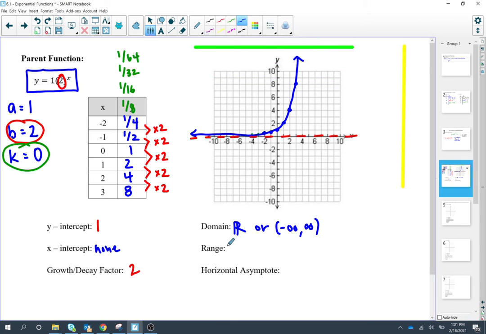So that means that y is greater than 0, or you can write that as a parenthesis 0 to infinity with another parenthesis. And then last but not least, our horizontal asymptote. That is that red dotted line that I put on the graph. That is the line that it gets close to, but it never touches, and that is at y equals 0, which is the x-axis.